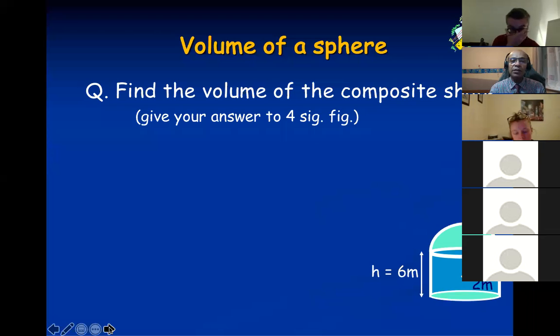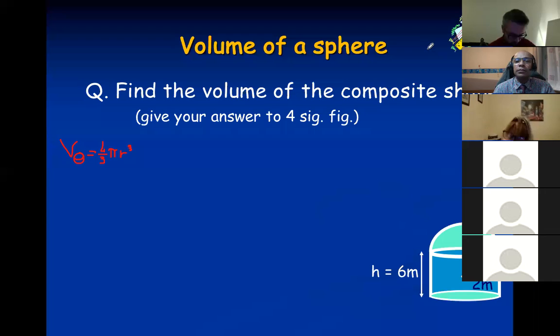So now find the volume of the composite shape here. Give your answer to 4 significant figures. So this time you can use your calculator.